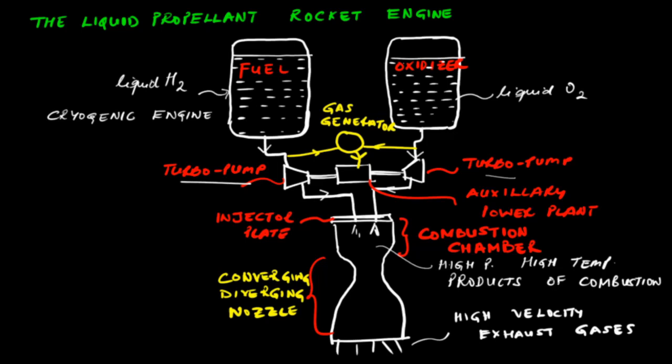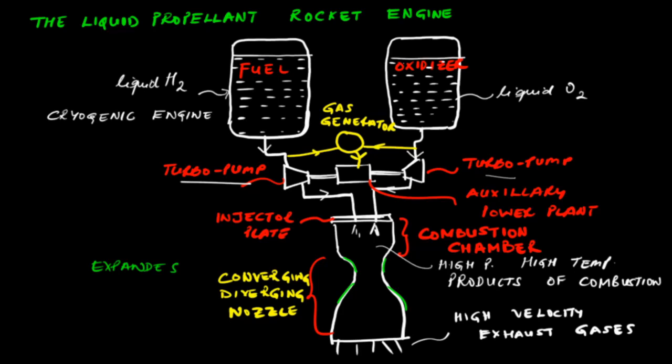These combustion products are thereafter expanded in a nozzle which has this converging and diverging profile, and this nozzle is called the converging and diverging nozzle. This results in exhaust gases which are thrown out at high velocities, and that provides the thrust. In a liquid propellant rocket engine, you also need power to operate these turbo pumps, and that comes from an auxiliary power unit which also operates on burning some of this fuel and oxidizer.